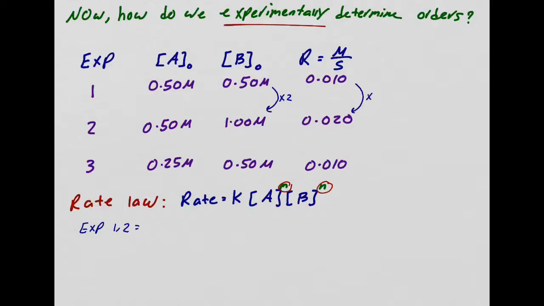I did this experiment because the A concentration doesn't change. That's great because you can't have more than one variable. Now, the concentration of B doubled, and when it doubled, the rate also doubled.